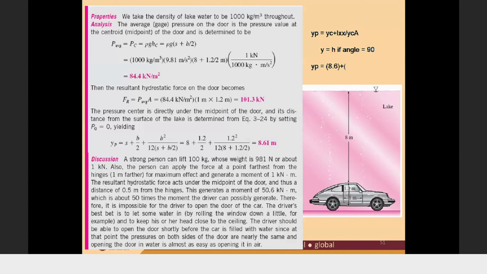AB to the third divided by 12, divided by 8.6, times area. So the area is 1.2 times 1.